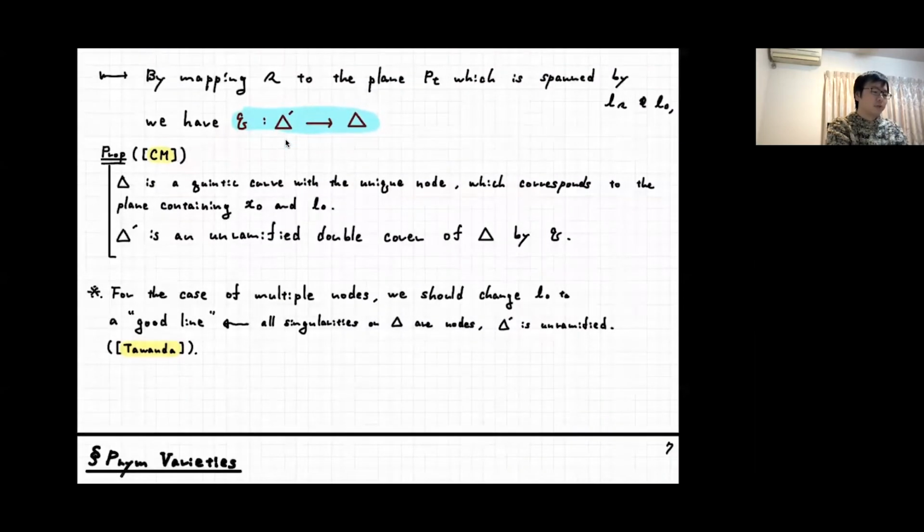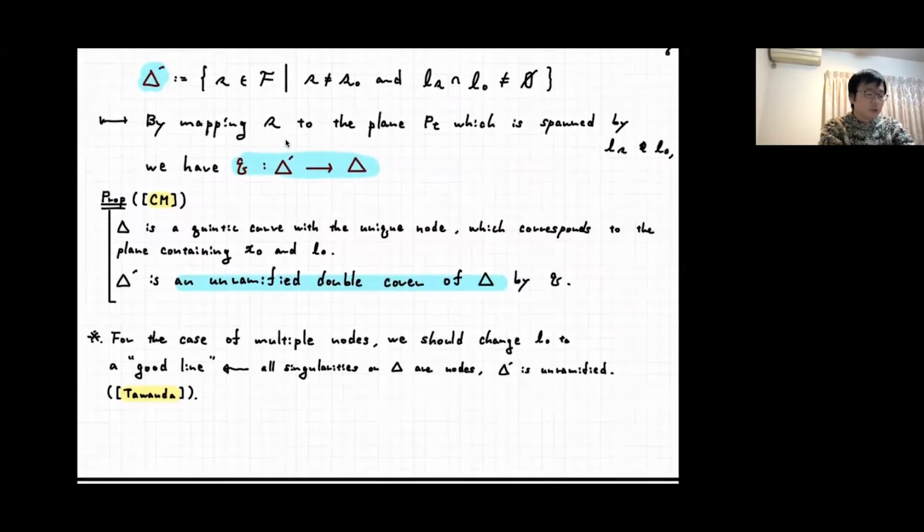And Collino and Murre's result says that, in fact, this delta is a quintic curve with a unique node, which corresponds to the plane containing X node and L node. And a more important thing is that delta prime is, in fact, an unramified double cover of delta by Q. Okay, so I want to emphasize again that this is just a construction for the case of the 1 node.